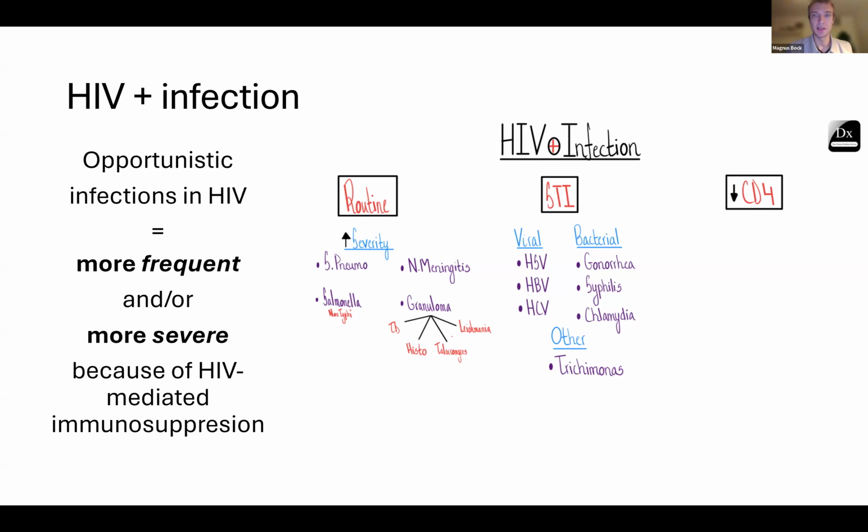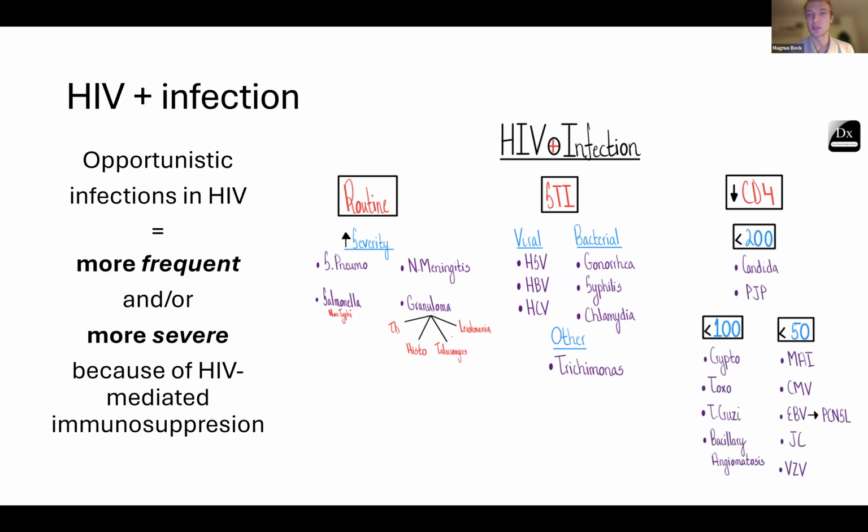And then finally, the bucket that we should be entertaining are the infections that are driven by the deep HIV-mediated immunosuppression, mainly due to the low CD4 count. And these can be divided into different buckets depending on how deep the immunosuppression is and how low the CD4 count is.